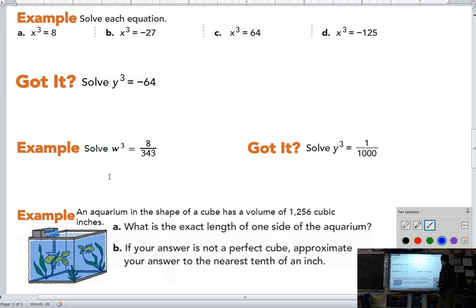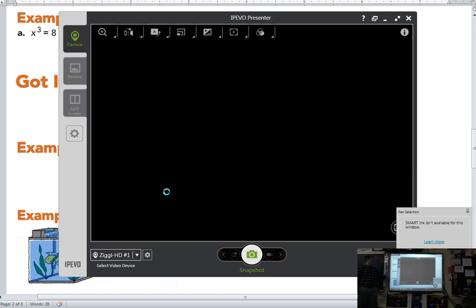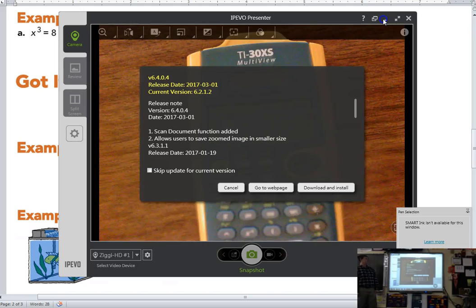Grab a calculator. If you don't have one, grab a calculator. Okay, good. You're all rock stars. Can someone give me the got it for this one?